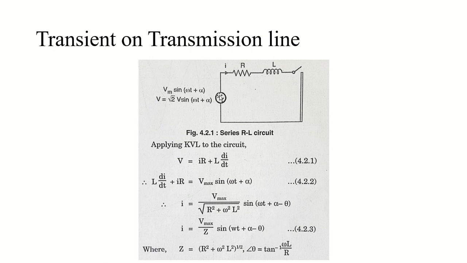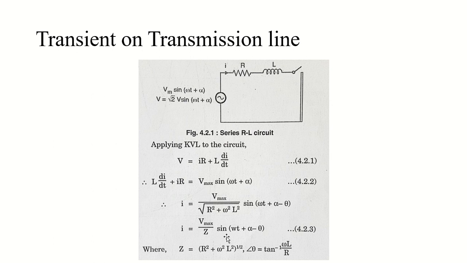We will see that when we look at the waveforms. But for now, know that it is nothing but the difference between those two. So based on that, we will write this whole term as Z. So I will be Vm by Z sin(omega t plus alpha minus theta), right?